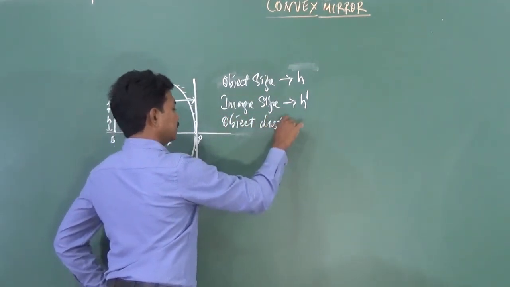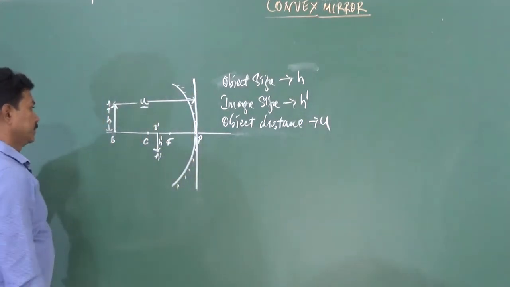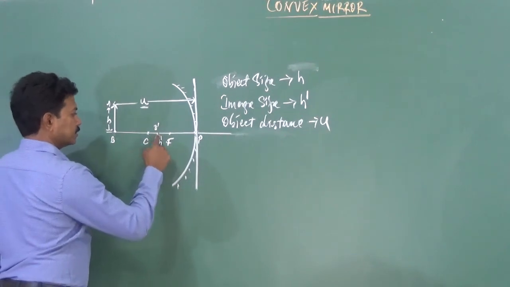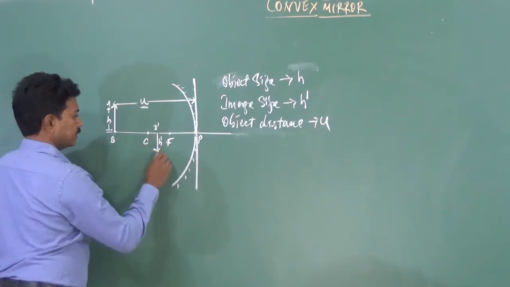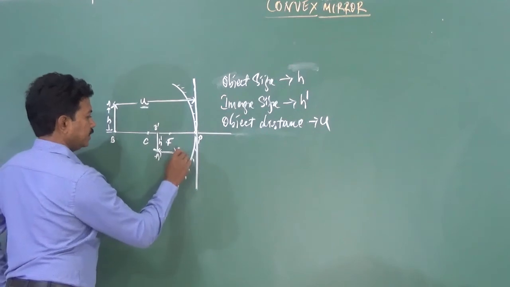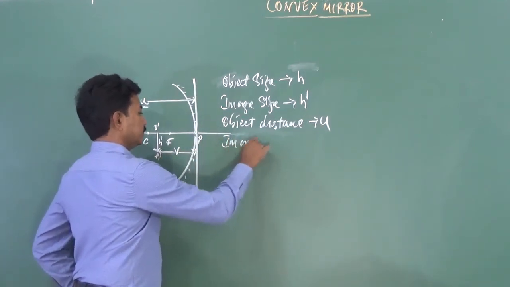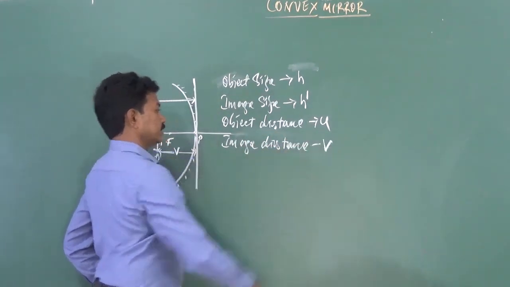Now, the image is formed at this point. The distance of the image from the pole of the mirror is taken as small letter v. So this is the image distance.